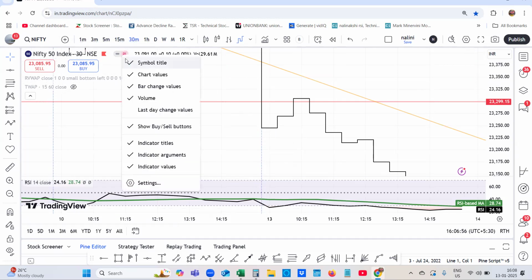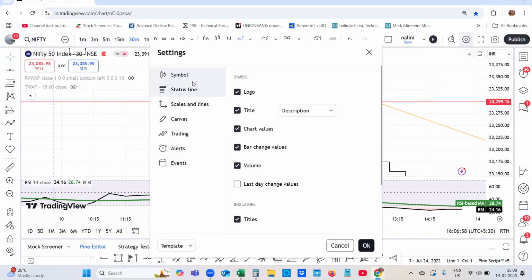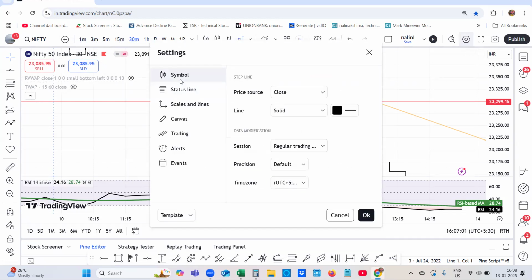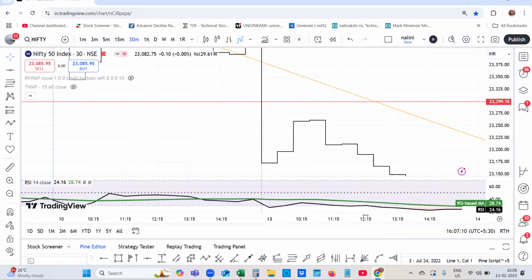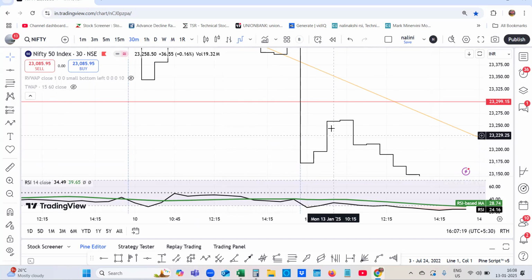You can do that, but you can go and change the setting of the symbol to open or low. If you set it to low, it will be very clear. So you are getting a low price. That will be good actually.